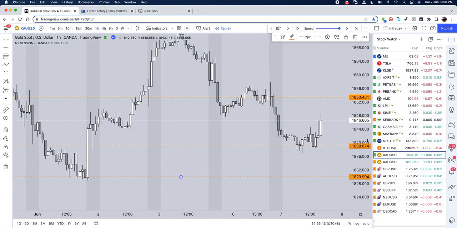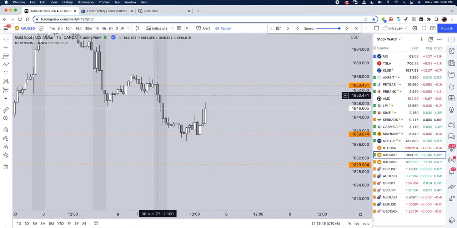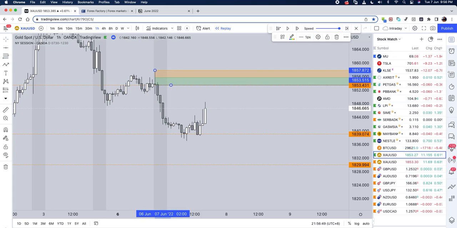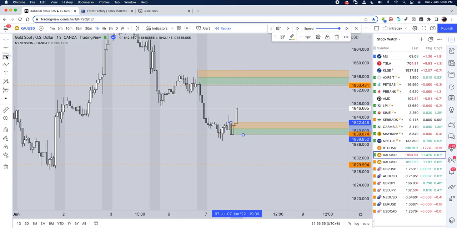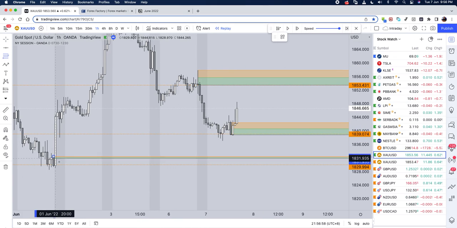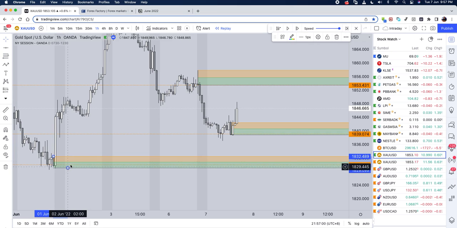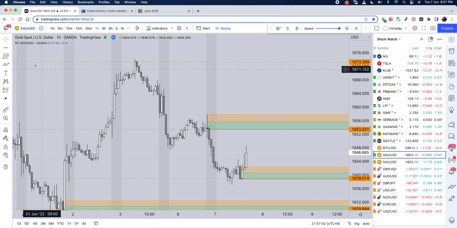For the SND level, I mark this SND level, I mark this SND level, and I also mark this SND level. So the level is very clear. It's quite easy to mark, as you can see here.